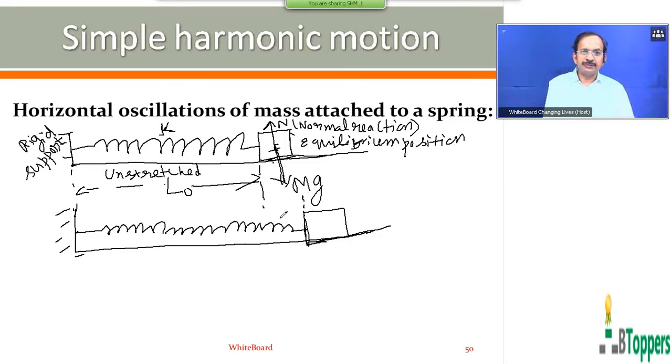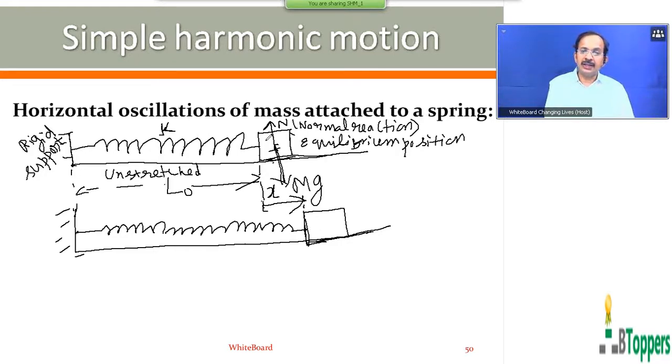So I have shown the instant when the block is at a distance x from its equilibrium position. That means the displacement of the block from the equilibrium position, in this example, is the same as the elongation of the spring from its natural length.